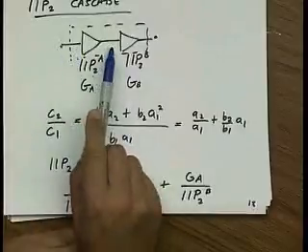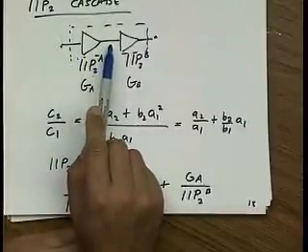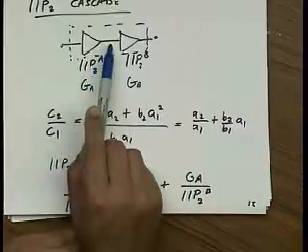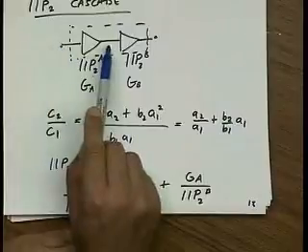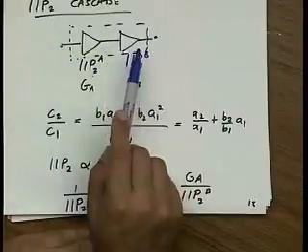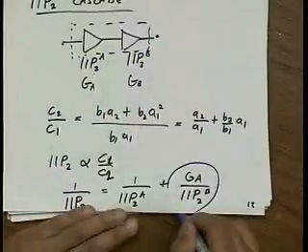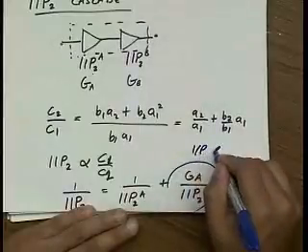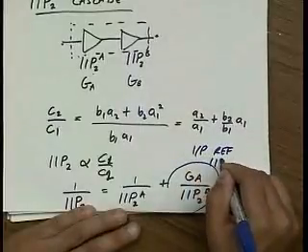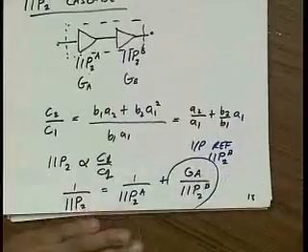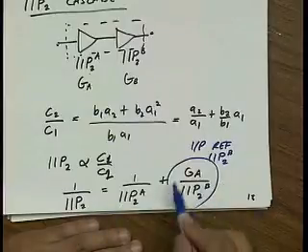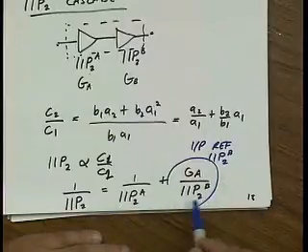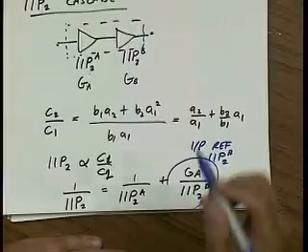If I tell you that the intercept power is 0 dBm here, and I have 10 dB of gain, then an input of minus 10 dBm will generate the IP2 point. So this is simply the input referred IP2 of amplifier B. And if you're in a situation where the second amplifier input referred dominates, let me give you an example.